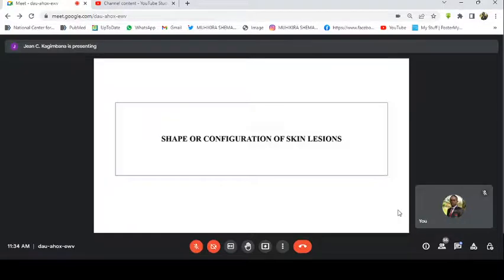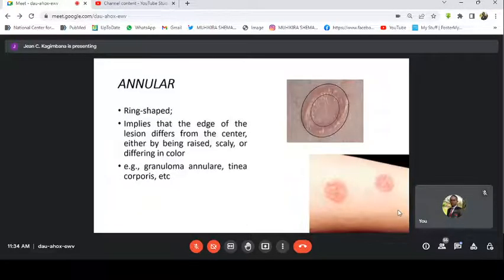Now, a lesion may be a macule, but annular. Okay? A lesion may be a plaque, a hyperkeratotic annular lesion. Okay? You may combine those characteristics.